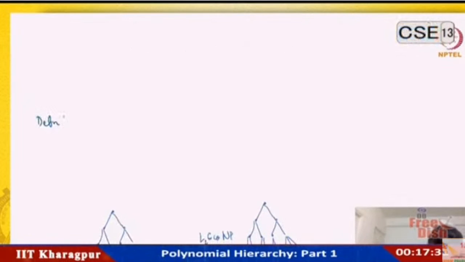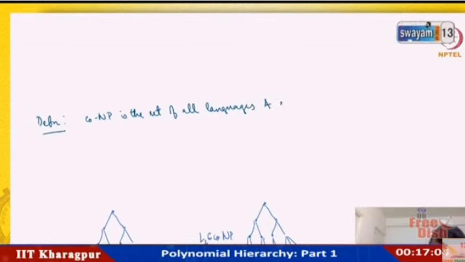So definition: CoNP is the set of all languages A such that A complement is in NP.